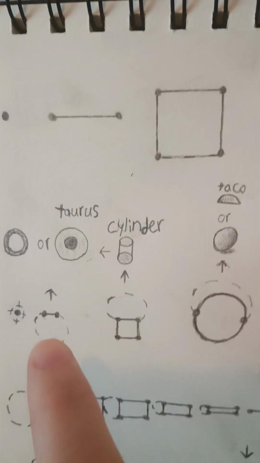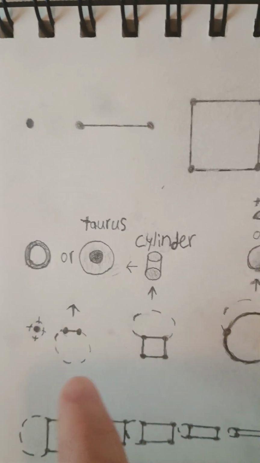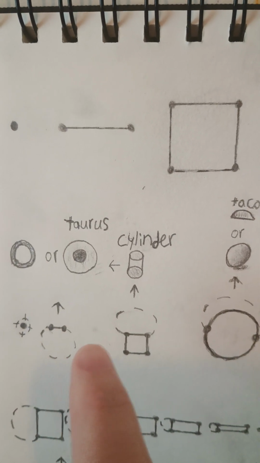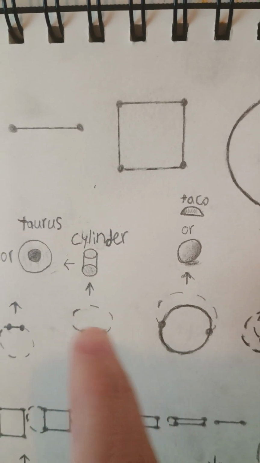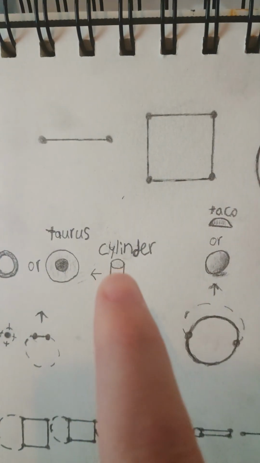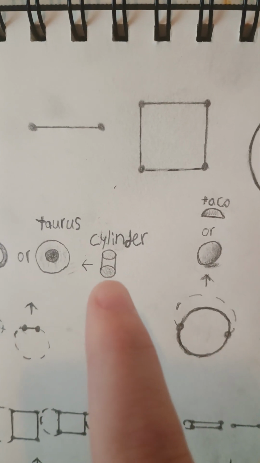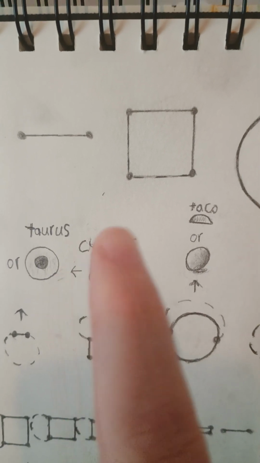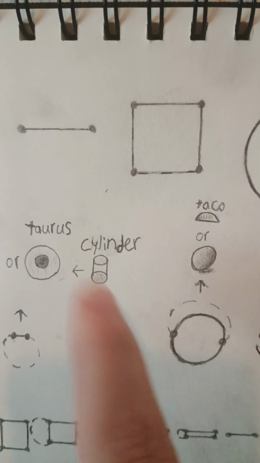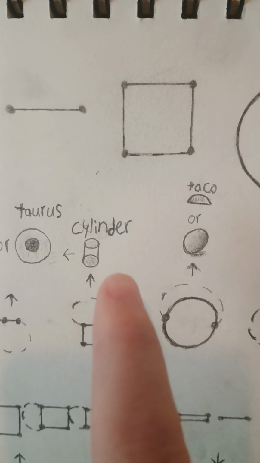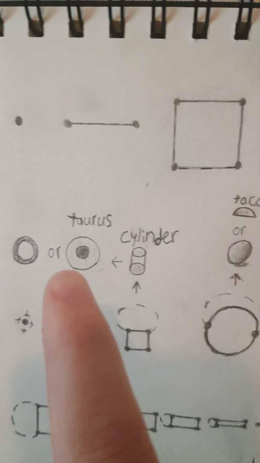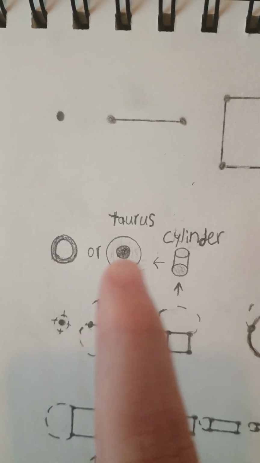But then you loop the line, the one dimension, and then you loop the two dimensions, and what you get is a cylinder. And if you make it into a circle, it makes a torus, a donut, one of these shapes.